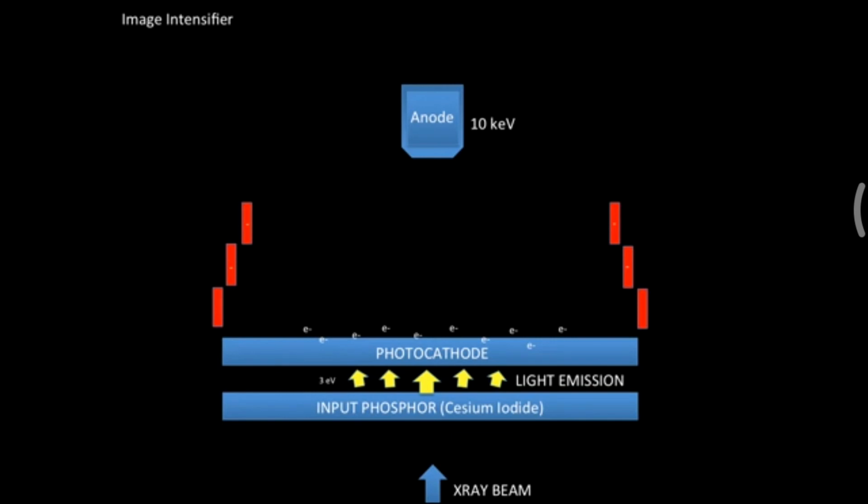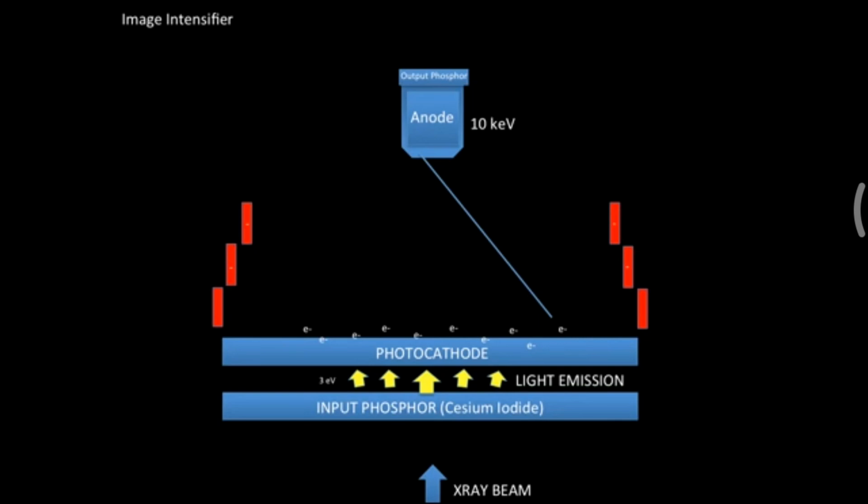It's 10 kV, and the reason for this is that we want to accelerate the electrons generated through this potential and therefore gain energy. By gaining this energy, we will produce more light at the end in the output phosphor, and in the output phosphor we convert the electrons from electrons to photons.